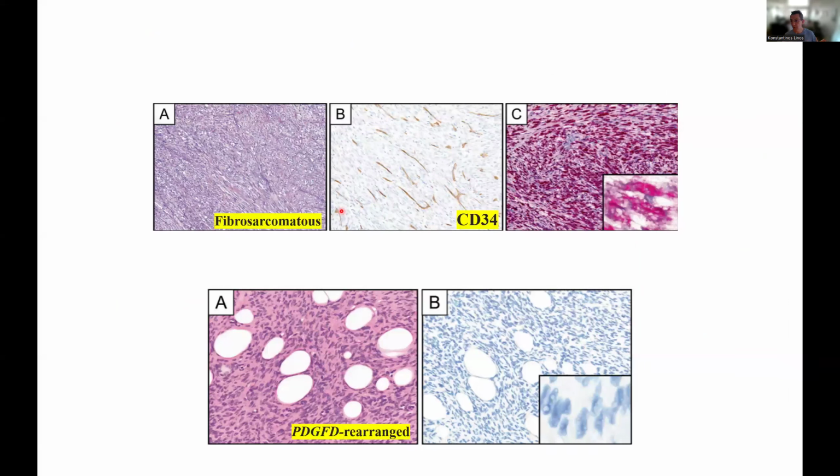And of course, for the most part, if you look at classic DFSP, you don't need molecular, you don't need RNA in situ hybridization, you don't need any of these. But there are some cases that are difficult, especially the cases that have fibrosarcomatous transformation, or if it had metastasized as a fibrosarcoma pattern. And this can be difficult and can be extremely important because now we have targeted therapy that then may give some solutions to clinicians in terms of surgical planning and, of course, treatment in metastatic disease.